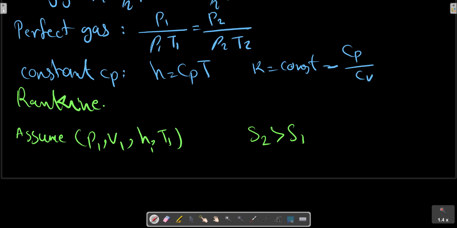So the velocities V1 and V2 can be eliminated to obtain the Rankine-Hugoniot relation.